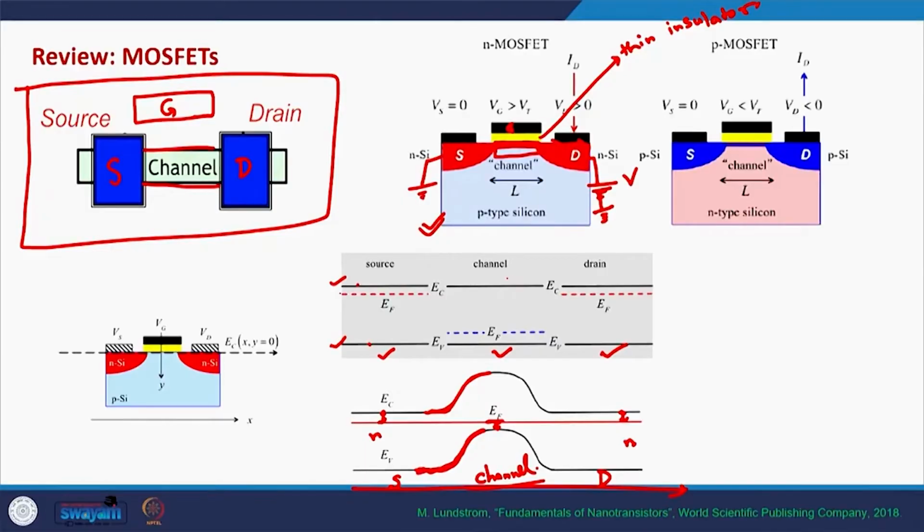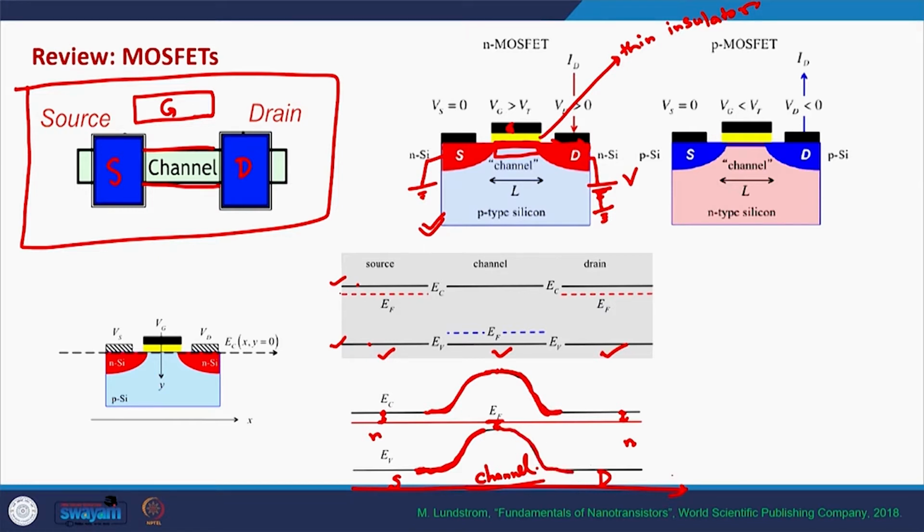Similarly, at the channel-drain contact, the band diagram will be almost exactly like the source-channel band diagram, and we will have a barrier between the channel and the drain in this way, because this is a junction between p-type material and n-type material.